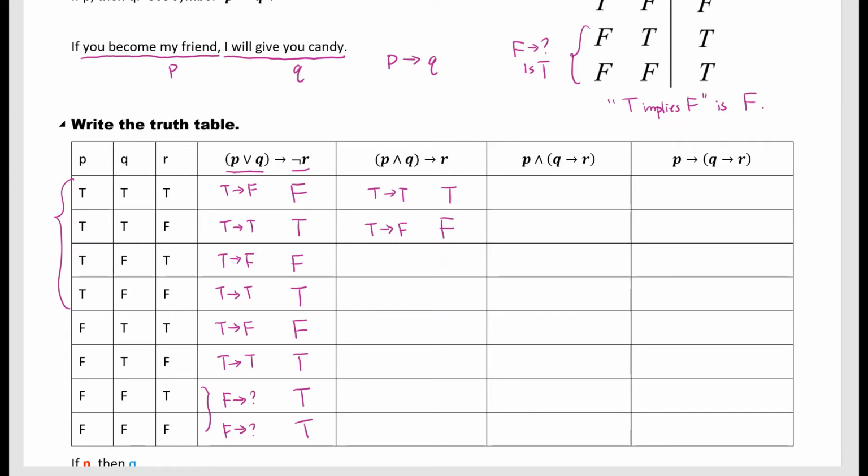Next, true and false is false. And true and false is false. And because it's false, false implies whatever is going to be true. Actually all of these, because it's false and whatever, so false and whatever is false, right? And then false implies whatever is going to be true.